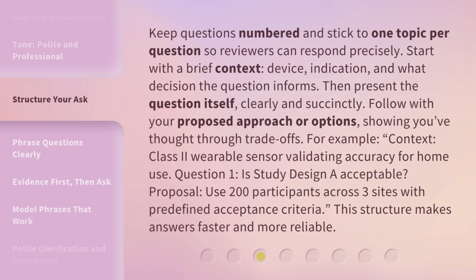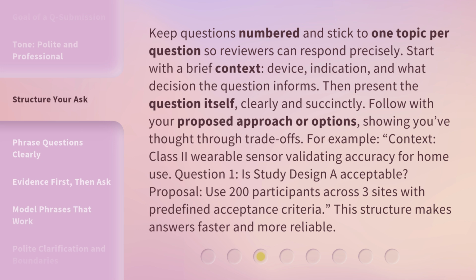Keep questions numbered and stick to one topic per question so reviewers can respond precisely. Start with a brief context: device, indication, and what decision the question informs. Then present the question itself, clearly and succinctly. Follow with your proposed approach or options, showing you've thought through trade-offs.